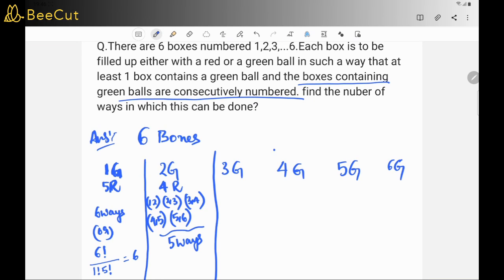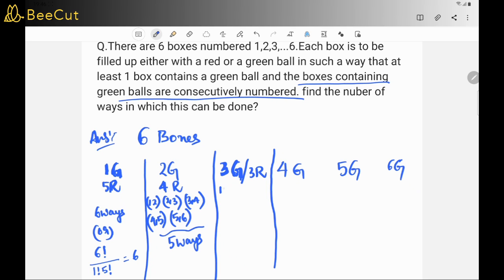Now assume that there are 3 greens and 3 red. The boxes in which greens are placed need to be consecutively numbered.